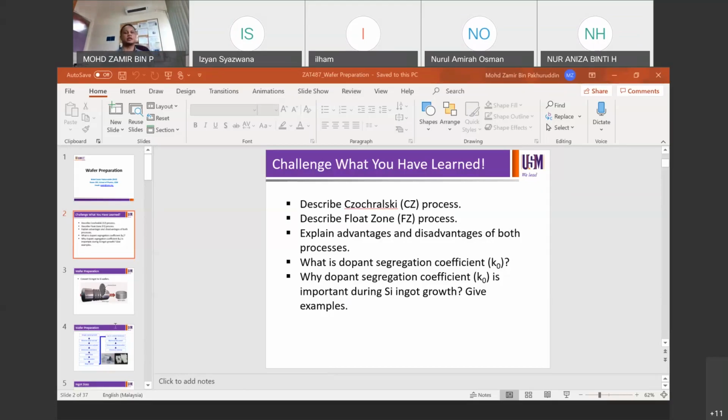What do you want to be consistent in the ingot, in relation to K naught? Yes, you want it to be consistent, but what is the parameter that you want to be consistent? Purity? Yes, you want to have good purity, but it's not in relation to K naught. Hazika, homogeneous doping. Yes, exactly.